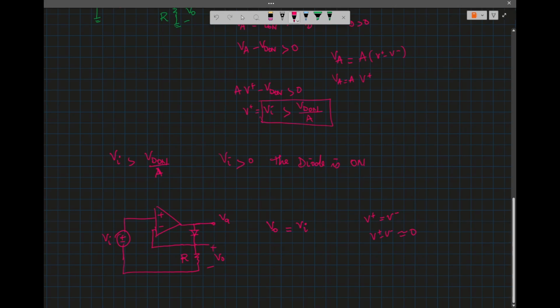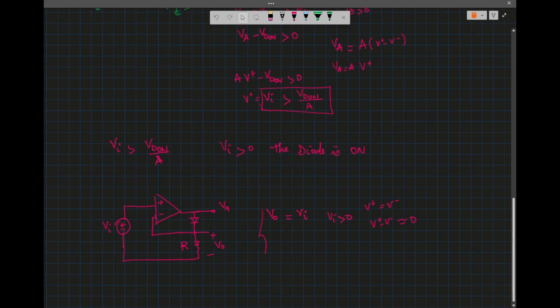So that when we multiply by a constant gain A, that gain will be a small finite number. So when VI is positive, that's the condition.